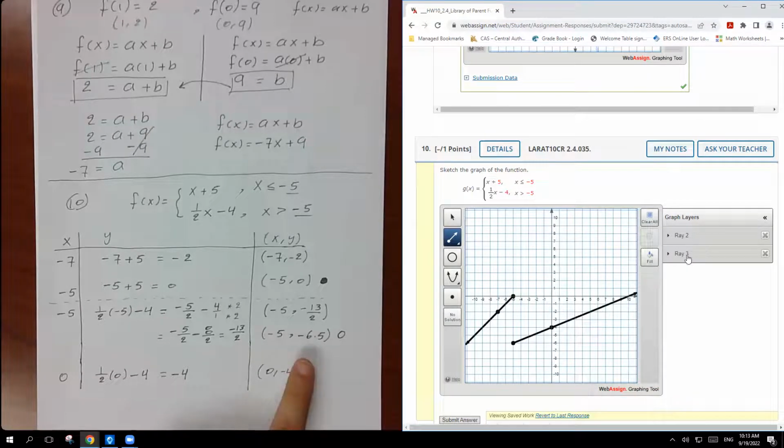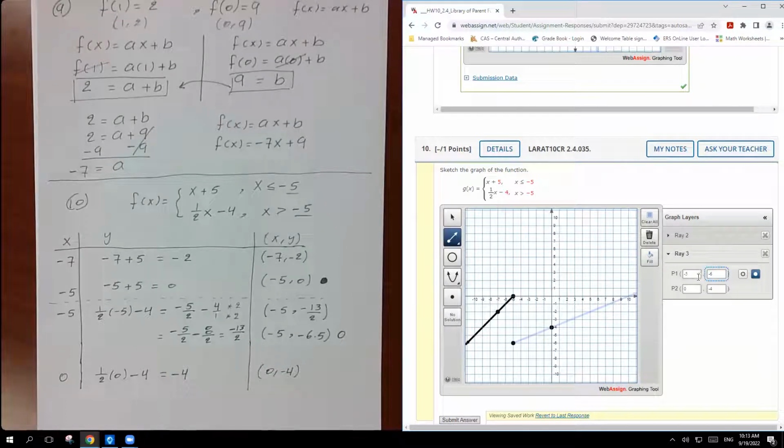So let's check this one. Negative 5 is the first point, and the second point is negative 6.5. And I'm going to choose an open circle. So that's it.